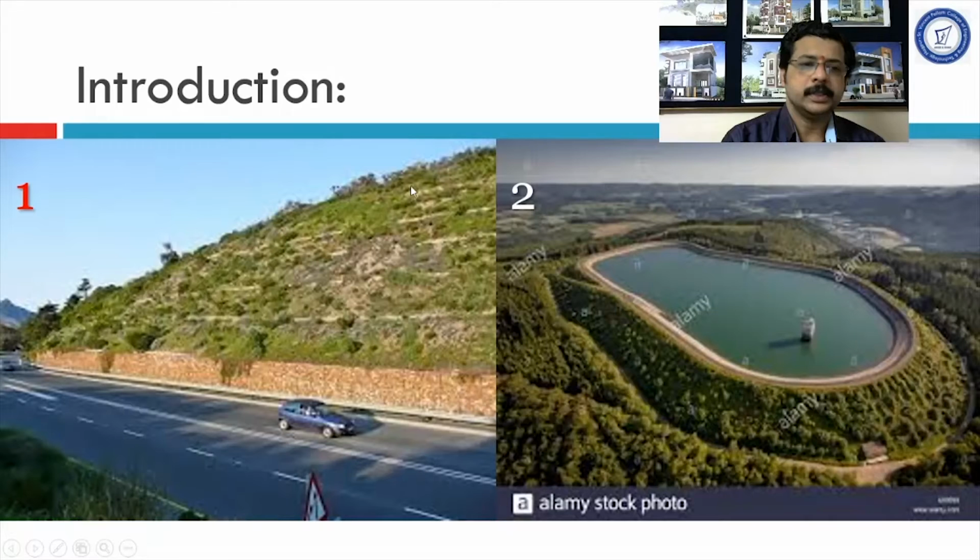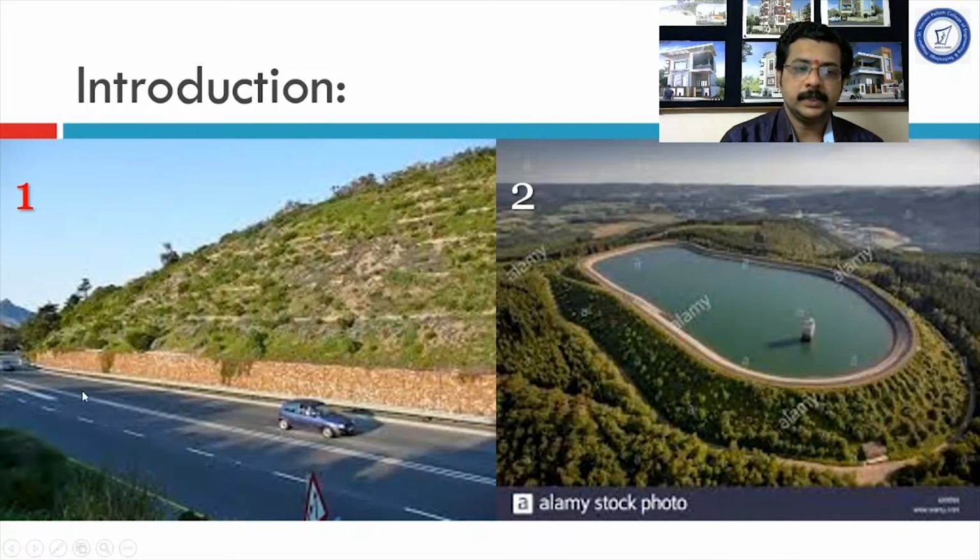In image 1 you can see this is a natural slope which must have continued further, but for the purpose of construction of road, this much portion of soil is removed and this slope is retained with the help of this vertical structure. It is called a retaining structure, and this road is being used for transportation.